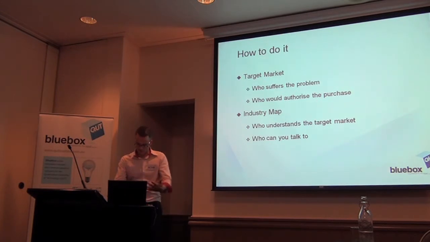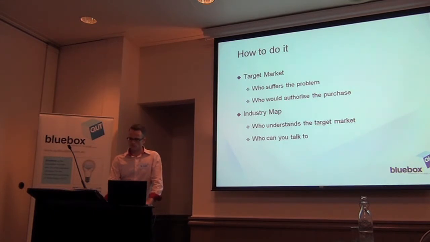So again, talking about the problem. Something else that's really interesting is really understanding who is going to authorise the purchase of the technology or the end product. So you might have this end user, but then they might not be the people that are actually buying the product. Probably a good example is some sort of medical device that you might want to place in a hospital.